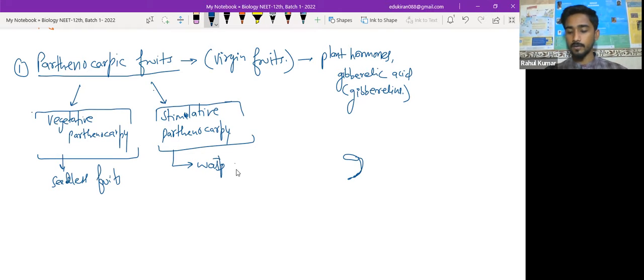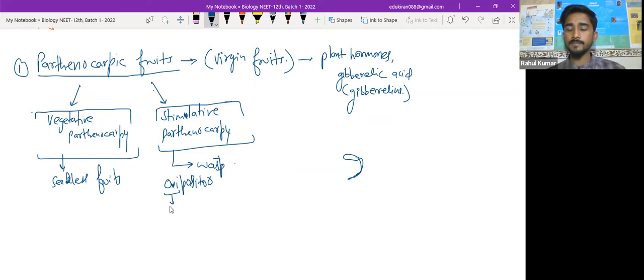So write down: stimulative parthenocarpy can be achieved when the ovipositor, the word ovi is related to the terminology section.